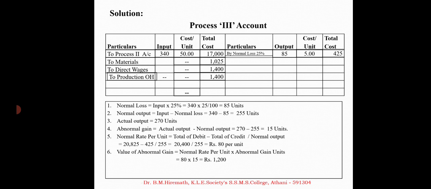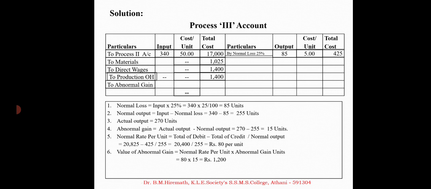Now let us calculate the value of abnormal gain. So normal rate per unit into abnormal gain units. Normal rate per unit is 80 rupees per unit and abnormal gain units are 15 units. So 80 rupees into 15 units is equal to 1200. So let us go for recording this.